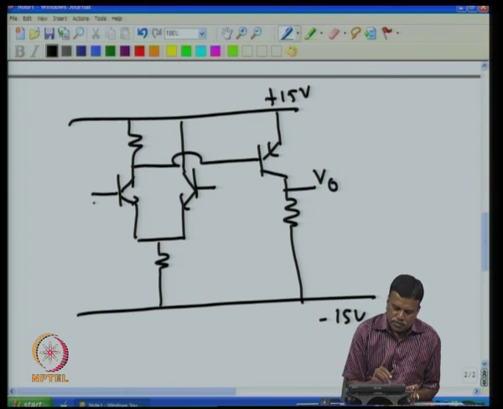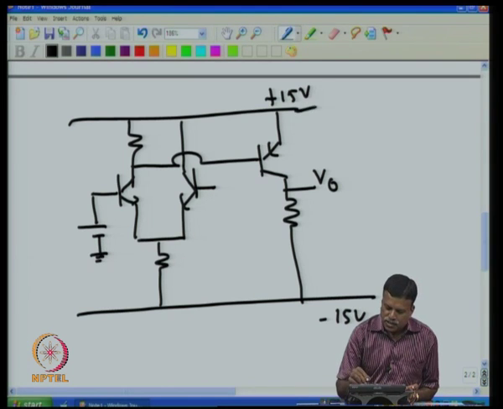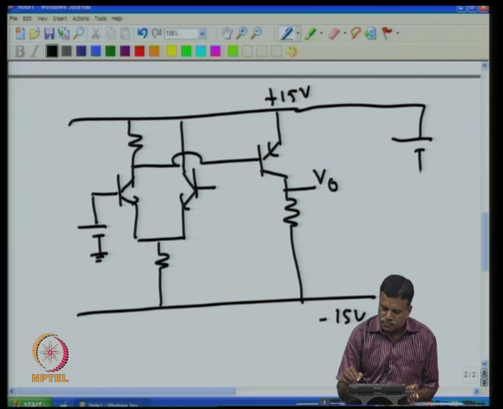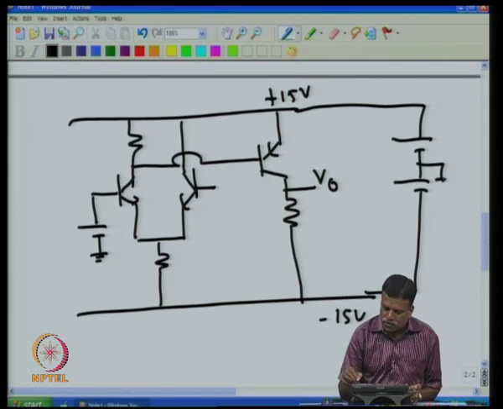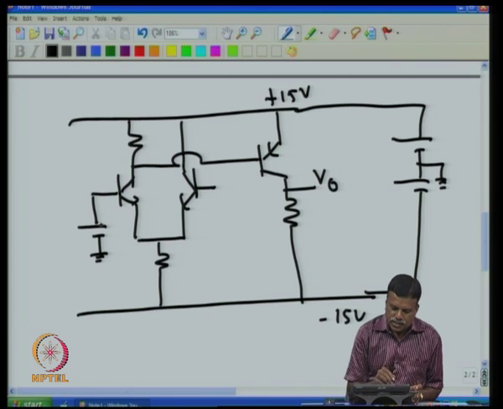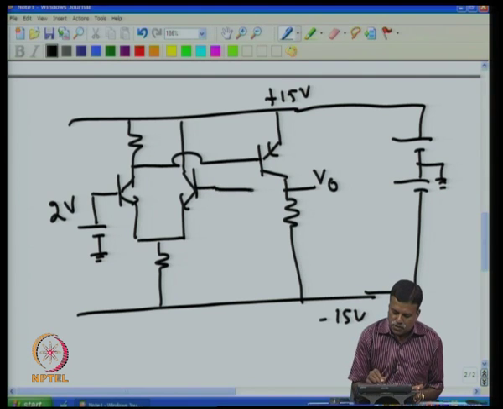Now, for example, if I apply a DC voltage here with respect to ground, with the supply connected like this, plus 15 and minus 15, and that is the ground, and that is the input voltage. Say I apply 2 volt, and then I connect this to this point.